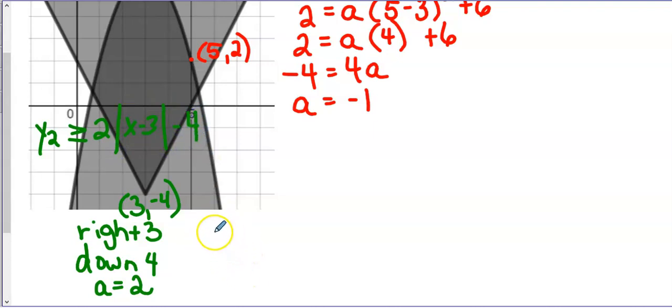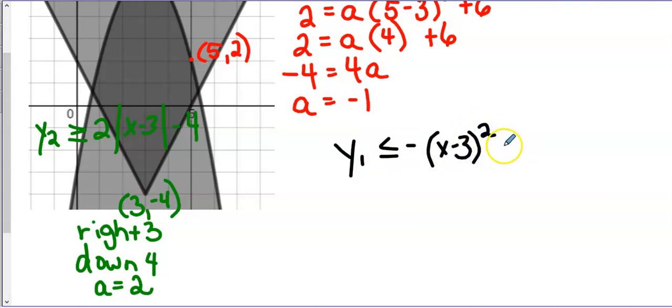So we're going to put both of those together, and our answer will be y sub 1, which is less than or equal to negative (x minus 3) quantity squared plus 6. And then we'll put our y sub 2 with that.